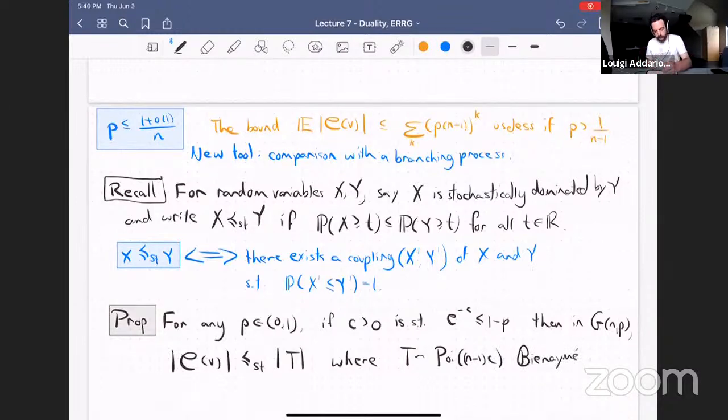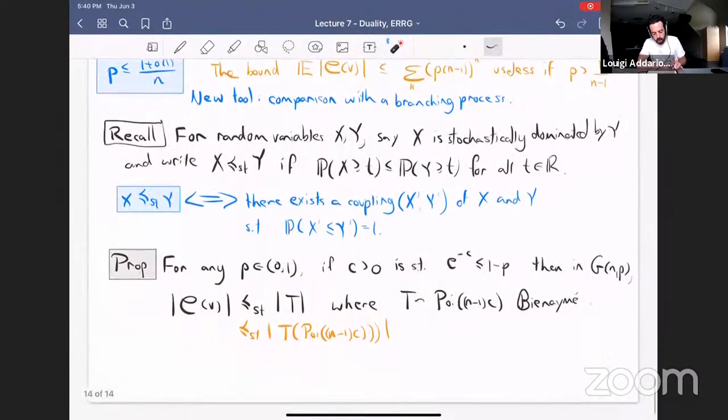Okay, I gave myself some notation for that, actually. I could write T Poisson (n minus 1)c. So is the statement clear? This says that the component size is stochastically smaller than a certain Poisson branching process.